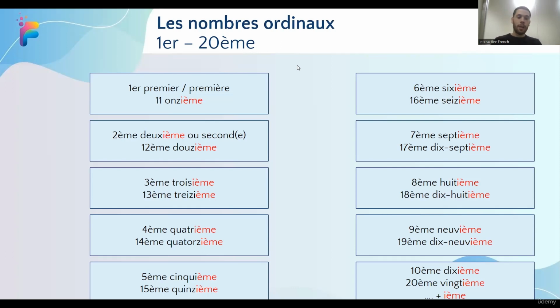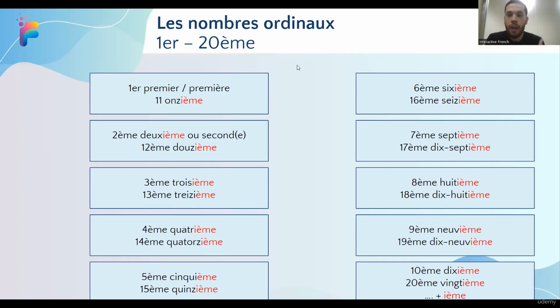Moving on now to the second. You have two choices. You can either say deuxième, so you have deux and you add ième.